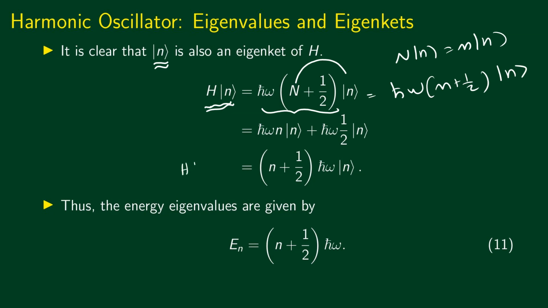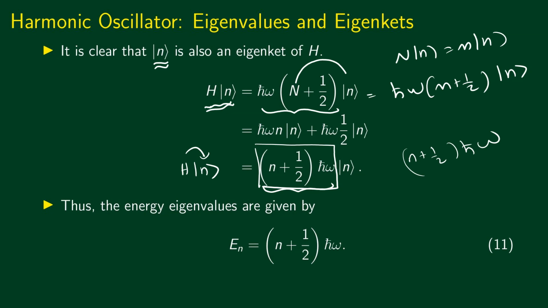So we see that H acting on ket n is equal to (n plus half) h bar omega multiplied by ket n. We see that the Hamiltonian acting on ket n gives you a number multiplied by the same state, the same ket, which means that ket n is also an eigenket of the Hamiltonian with eigenvalue (n plus half) h bar omega.